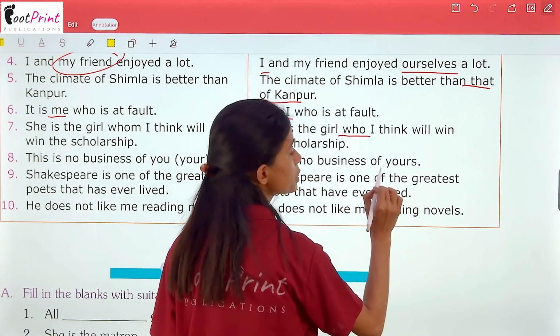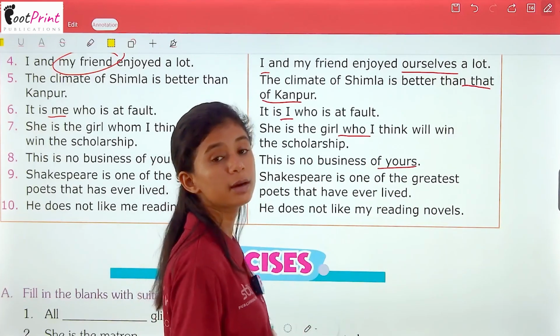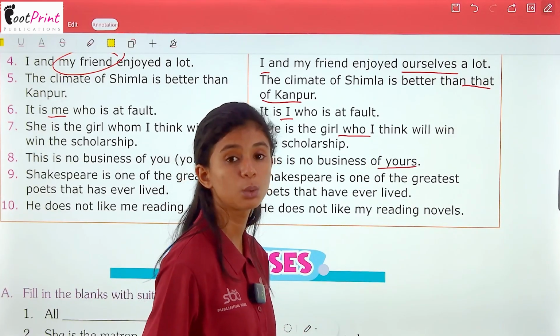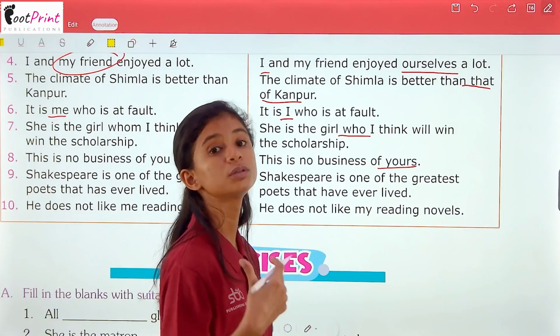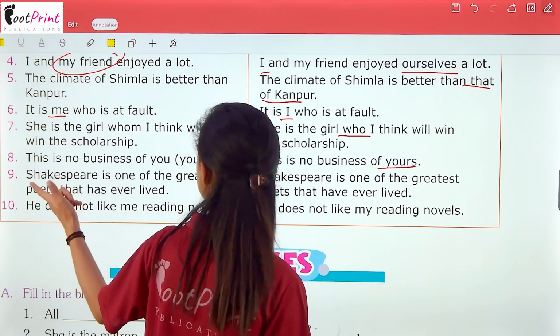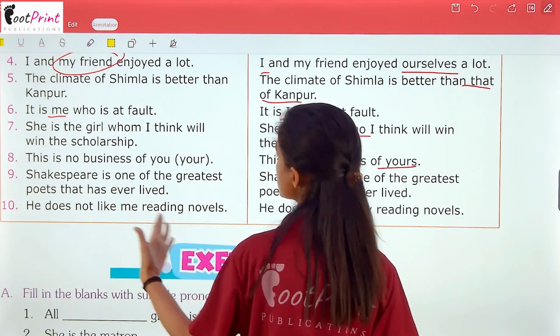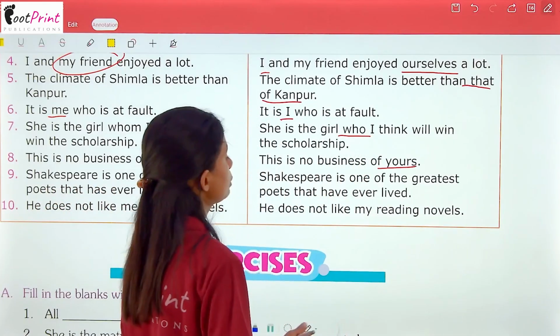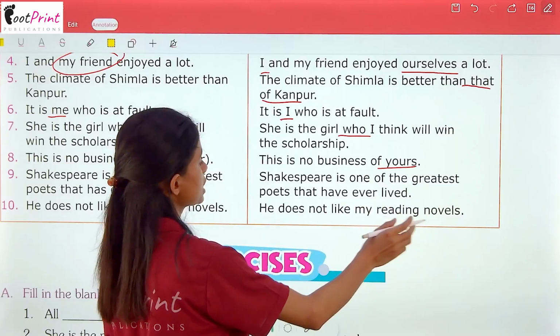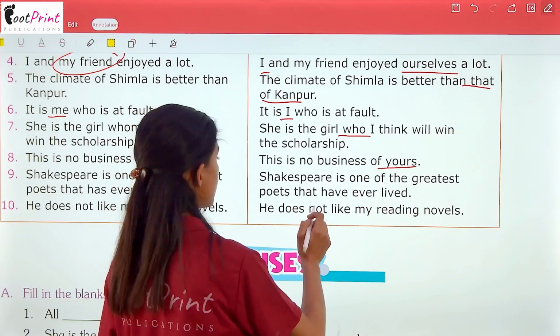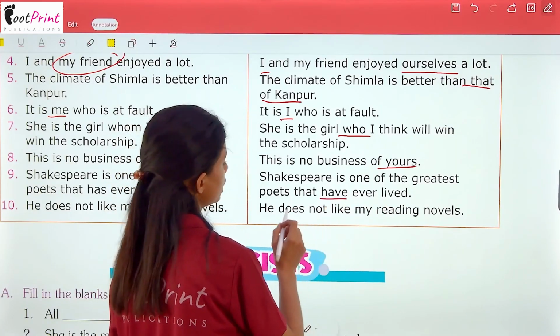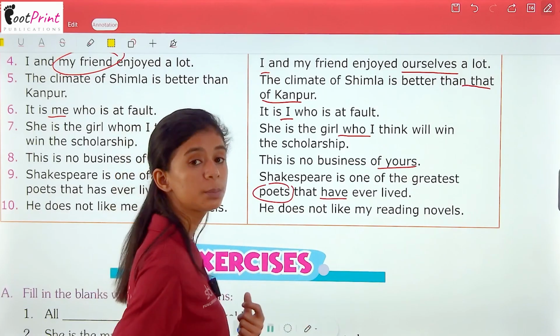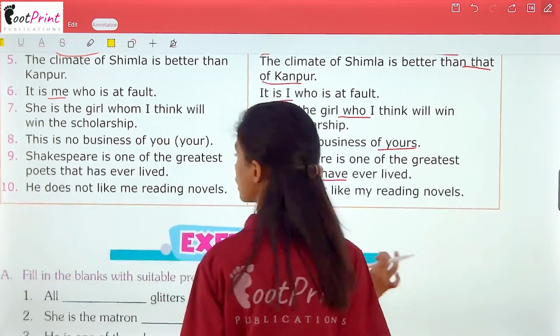This is no business of yours. Here we are talking in possessive case. Okay? No business of yours. Shakespeare is one of the greatest poets that has ever lived. No, it will be Shakespeare is one of the greatest poets that have ever lived. Poets, here we are using a plural word, right?